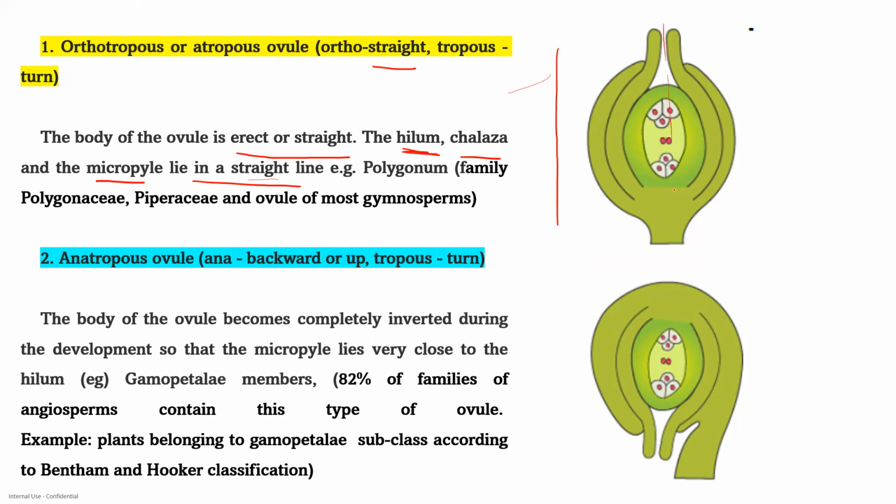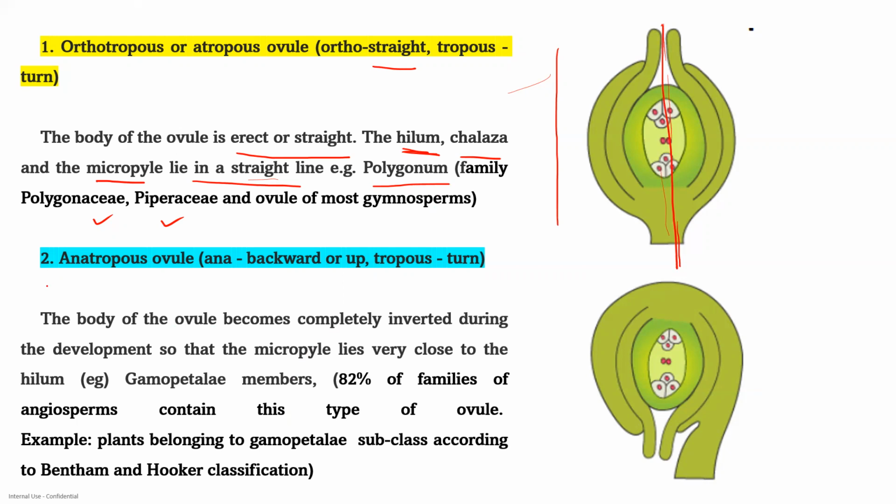Everything is in a straight line. A straight line is maintained here. This is seen mainly in the members of the family Polygonaceae, Piperaceae, and most of the gymnosperm ovules. One example from Polygonaceae is Polygonum.